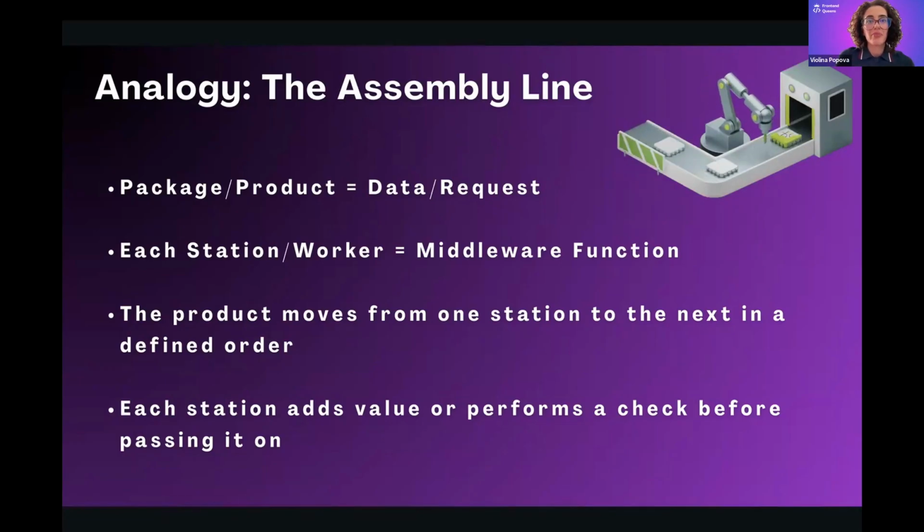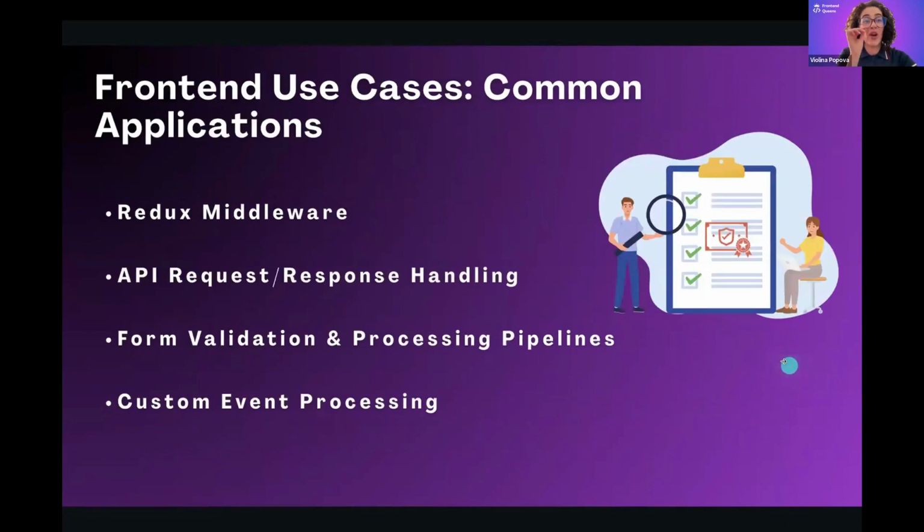While the middleware pattern is very common in server-side frameworks like Express.js in Node.js for handling HTTP requests and responses, the core concept of a sequential processing pipeline is equally applicable to client-side data manipulation, state management, or event processing. Now let's see what the use cases are in frontend.